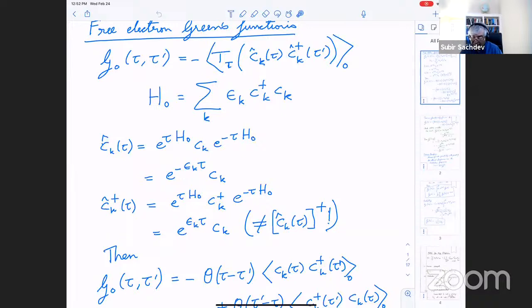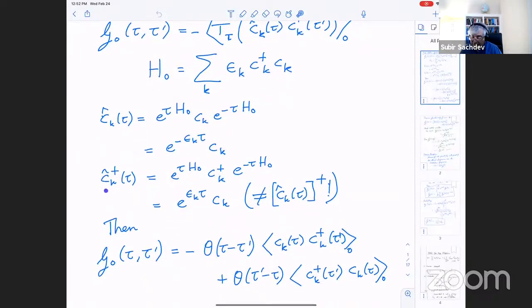In a harmonic oscillator, you know that A of t is A times e to the minus i omega t. Here, because you're in imaginary time, you don't get the i, and omega is replaced by the energy. So the basic time evolution of C k is e to the minus E k tau. Similarly, you can take the time evolution of C dagger of tau, and it gives you e to the plus E k tau times C dagger.